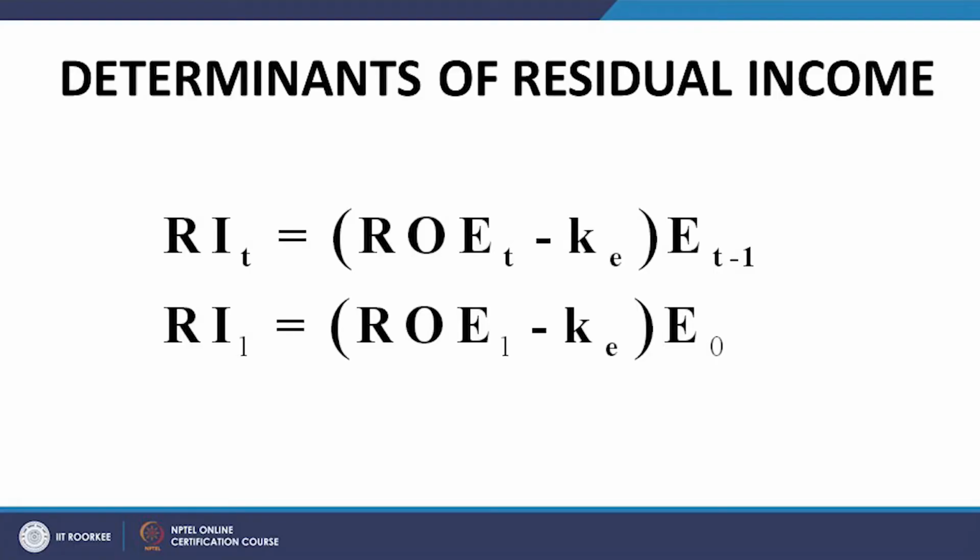Now, what are the determinants of residual income? How do we define residual income? It is defined as the net income minus the equity charge. And what is equity charge? It is K E into the opening balance of equity. And what is net income? Net income is equal to the return on equity into the opening balance of equity.